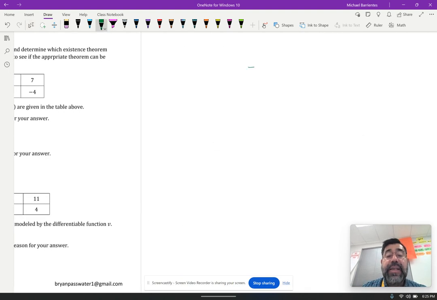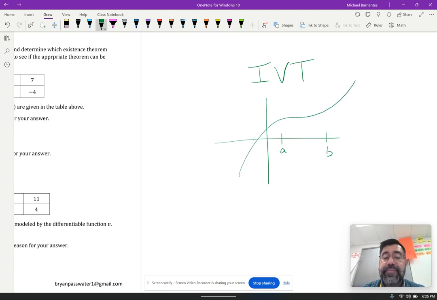So just a quick reminder. The intermediate value theorem says that if I have two points, two x values, and a function, I know the y values of the endpoints.